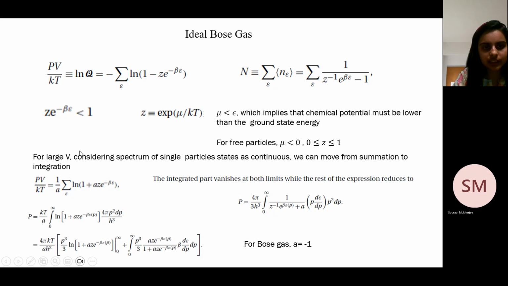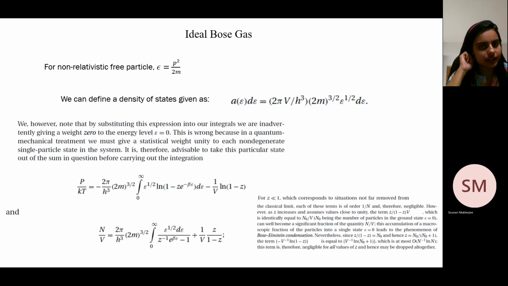For large volume, where you can consider the spectrum to be continuous, you can move from summation to integration. If you do that, you would get an integral like this. Again, depending on what kind of dispersion relation you have, you can get different expressions for pressure. For non-relativistic free particles, you can define a density of states.